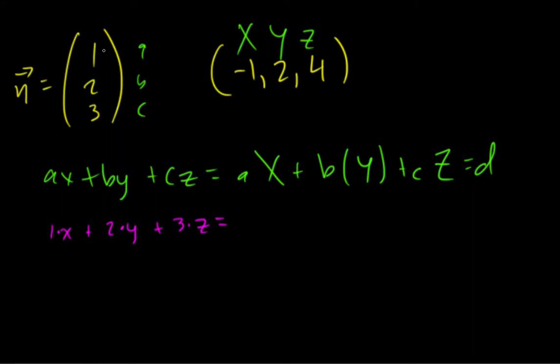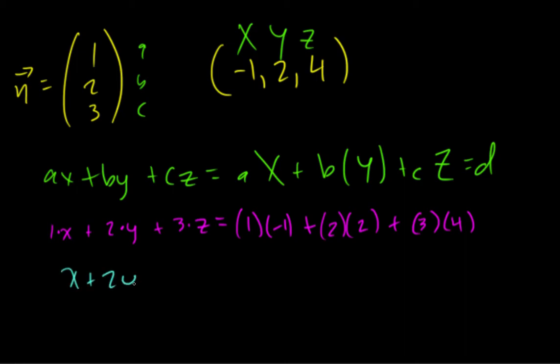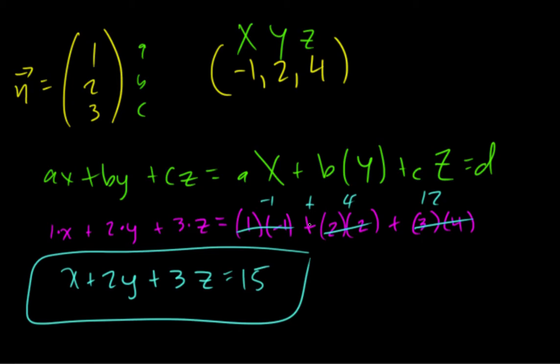And then we do this times this: 1 times -1, 2 times 2, 3 times 4. So we get x plus 2y plus 3z. That's negative 1, that's 4, that's 12, so 15. So that would be our Cartesian equation of the plane.